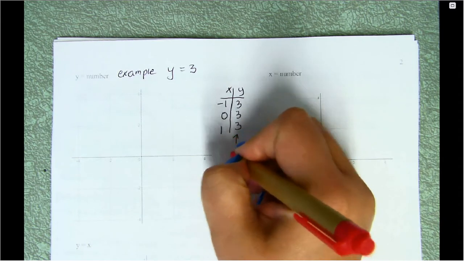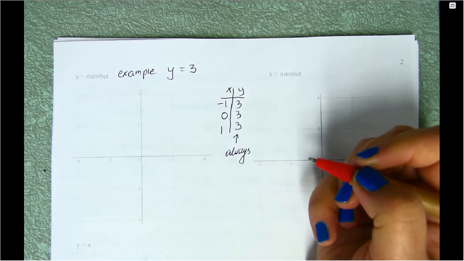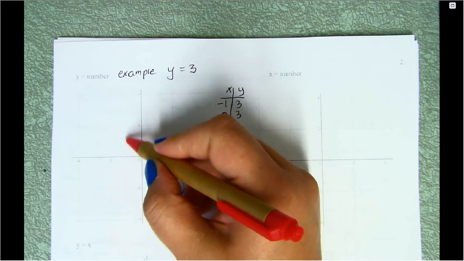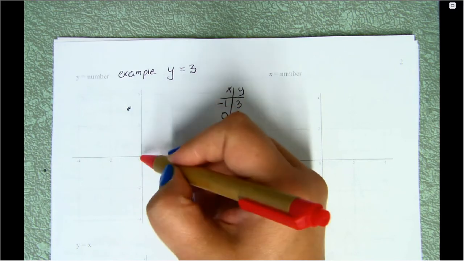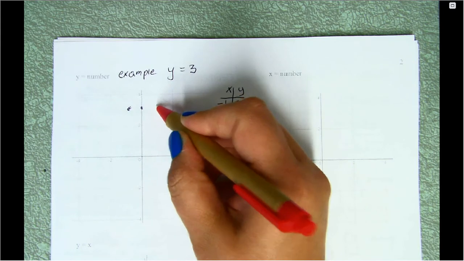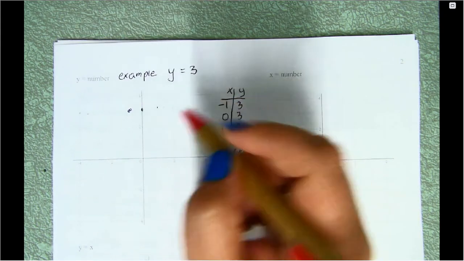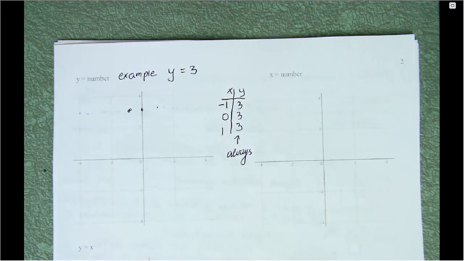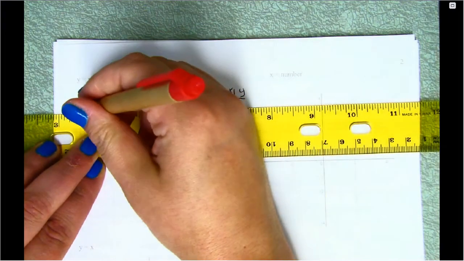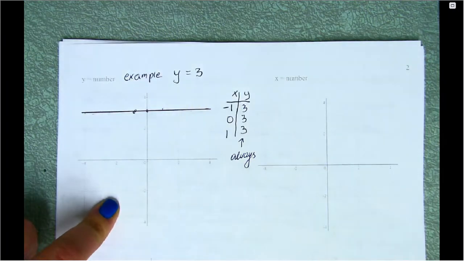So it's always 3 for y. I'm not changing y. If x is negative 1, y is 3. If x is 0, y is 3. If x is 1, y is 3. Y is 3 all the time. Okay, that means I'm going to take a ruler this time. My line of symmetry is at y equals 3, and it's that line.